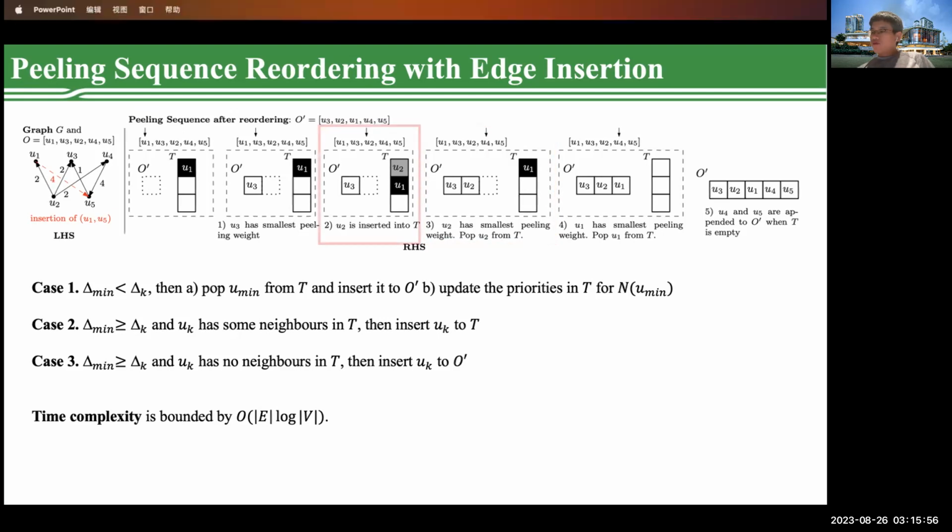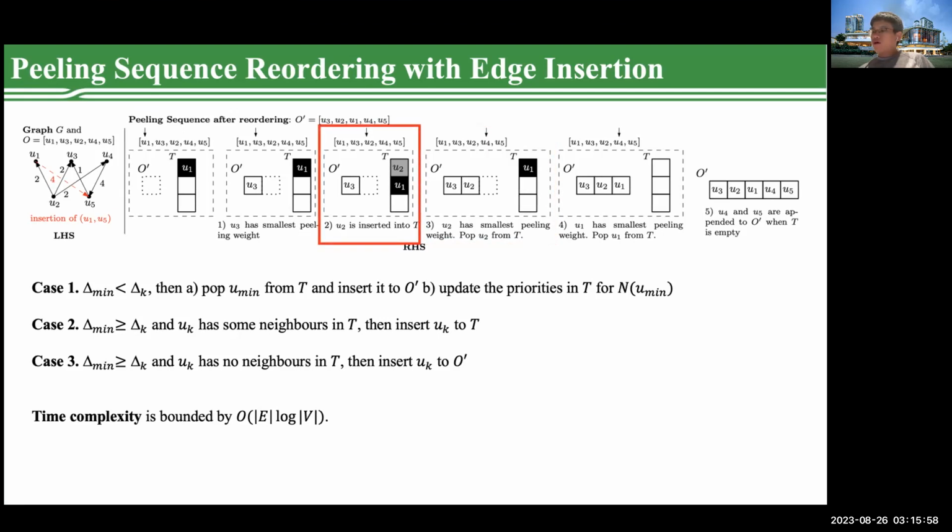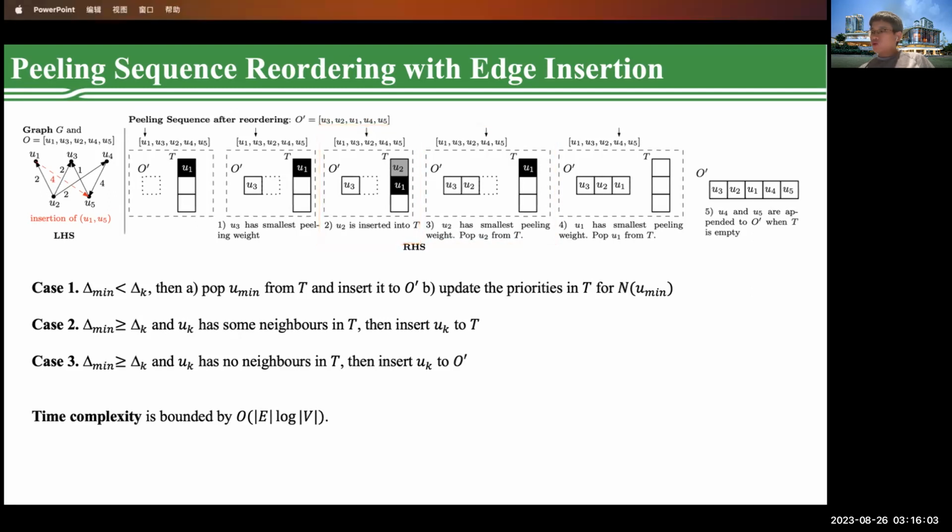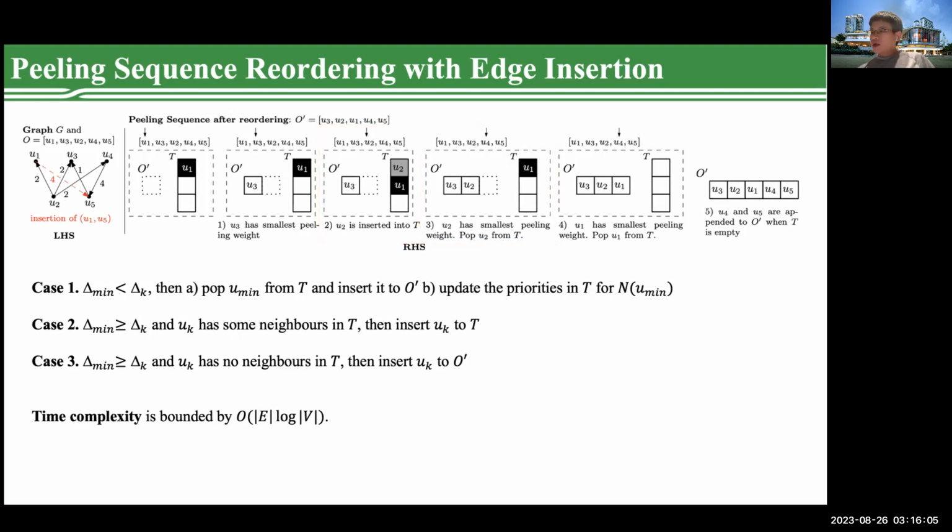In the second case, if the edge insertion priority of vertex u_min is greater than or equal to that of vertex u_k, and u_k has some neighbors within the heap T, we insert u_k into heap T, such as u_2.